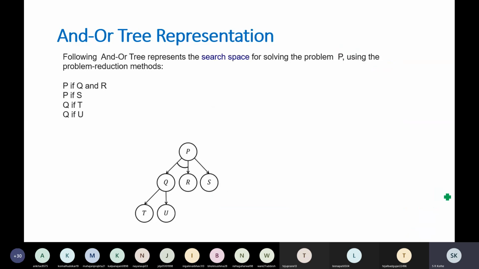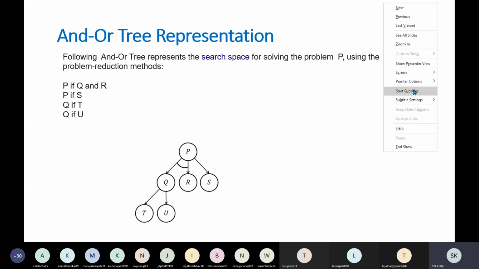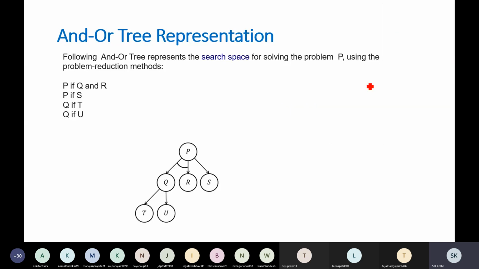Now come to this example again. Now what does this graph tell you? This graph tells us that there is a problem P which you will have to solve. Your goal is solving problem P. That means solve this P. Now you will have to solve this P because suppose it is complex, by using problem reduction technique, whatever may be the technique.